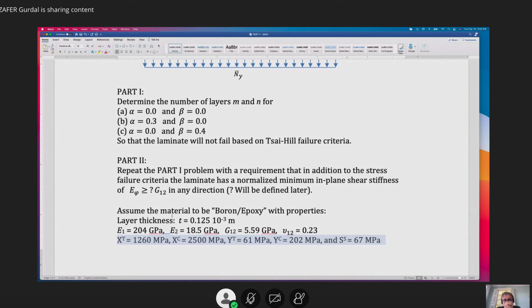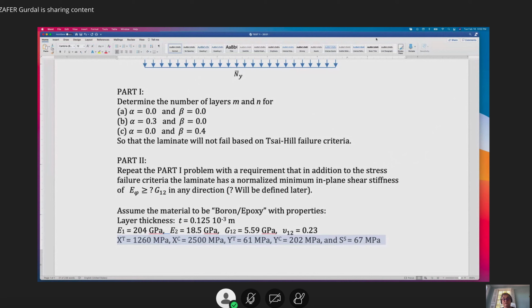But for the time being, for this homework problem, it is an open design exercise. I'm going to accept whatever you can come up with, provided that you use good engineering judgment.